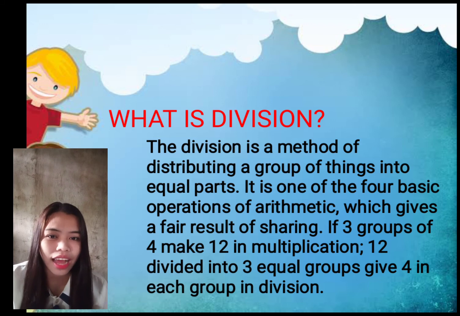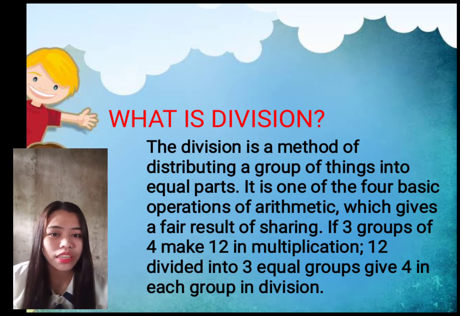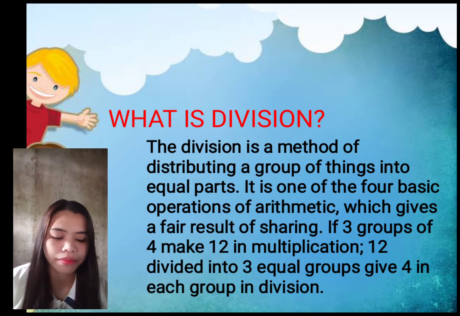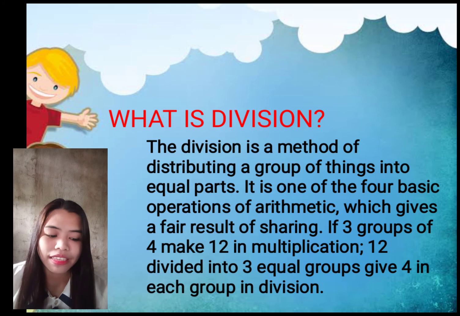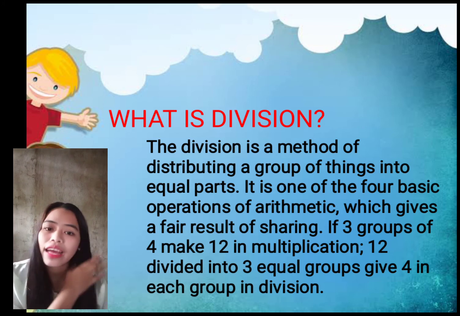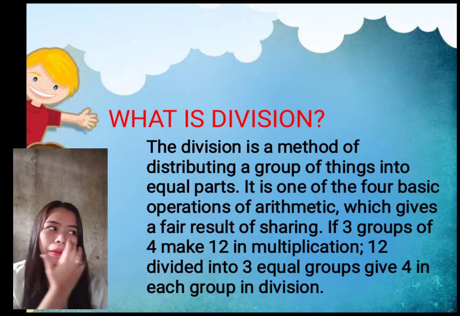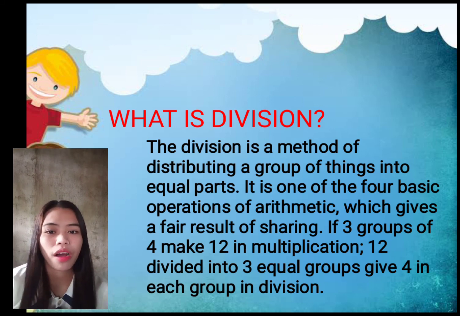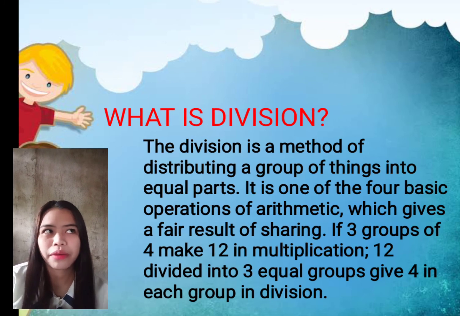Addition, subtraction, multiplication, and division are called arithmetic operations. Division gives a fair result of sharing. Of course, if you divide right away, it might not come out fair. For example, 3 divided by 2 is not fair.